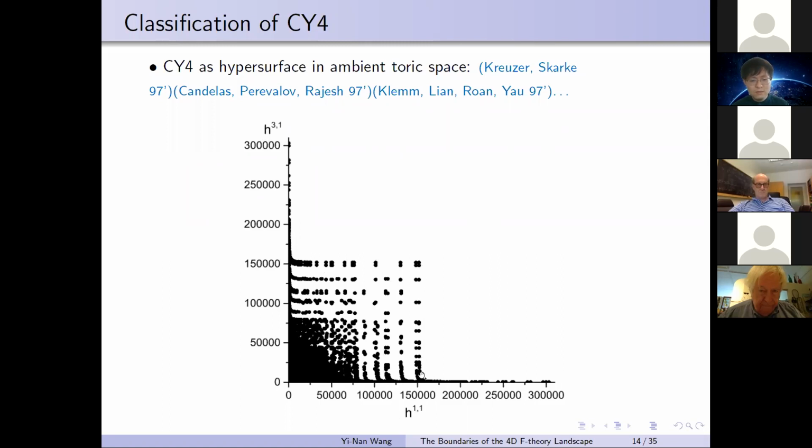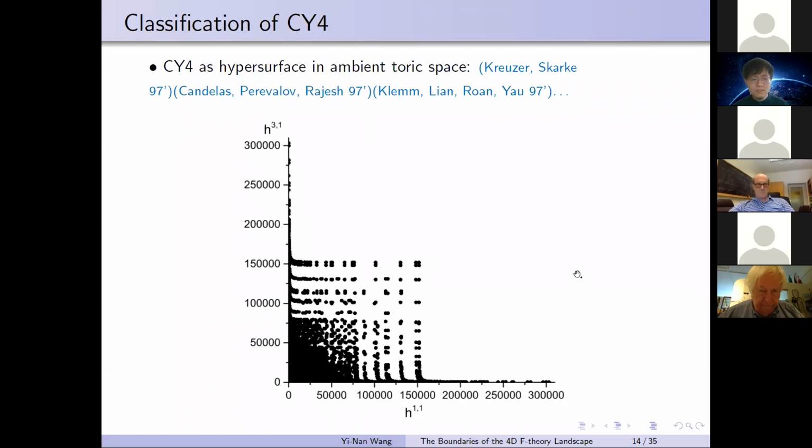So there's a shield with 3 almost right triangles, almost right angles. Basically, any point above this shield is somehow forbidden in this landscape of Calabi-Yau fourfolds. The third remark is that the largest Hodge number is on the order of 300,000, and this will also be mentioned later. Okay, so this is for the general Calabi-Yau fourfolds.